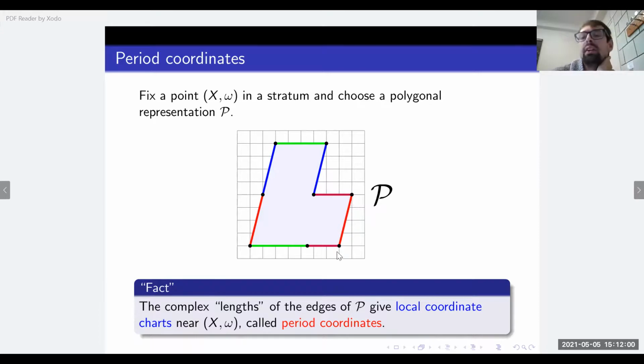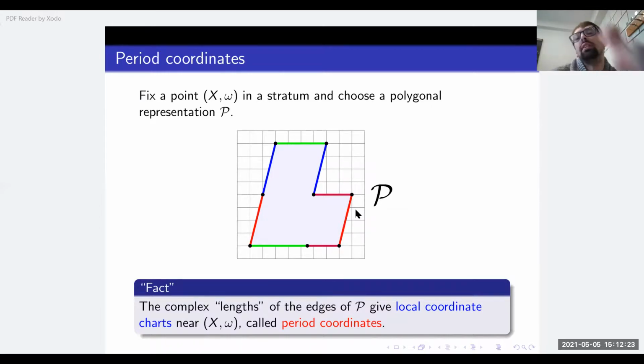What I mean by the complex length is, think of this as a complex vector, so it has a real and imaginary part. It points from this vertex to this vertex, and this complex number is what I call the complex length. And now you can do this for every side of the polygon, and this collection of numbers gives you a coordinate system.